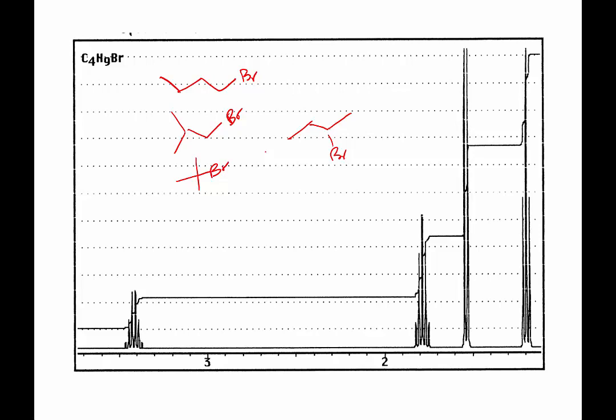How many for tertiary? Yes, less than the other ones. What number? 1. So the tertiary bromide should be a single peak. That's what you're saying. Butyl bromide should have 2 peaks.